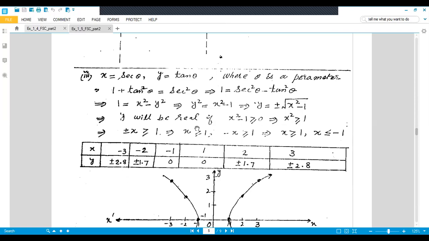Plus minus x greater than 1, so that means plus x greater than or equal to 1 and minus x greater than or equal to 1. So when you multiply with the negative sign, x is less than or equal to -1. So the limit is from -1 to +1.